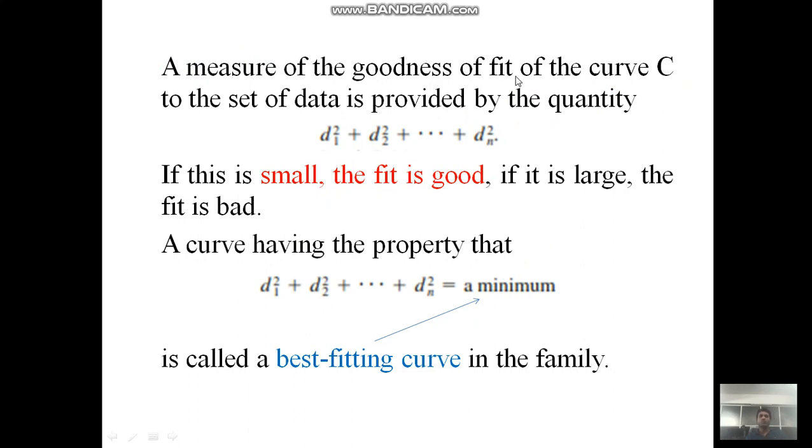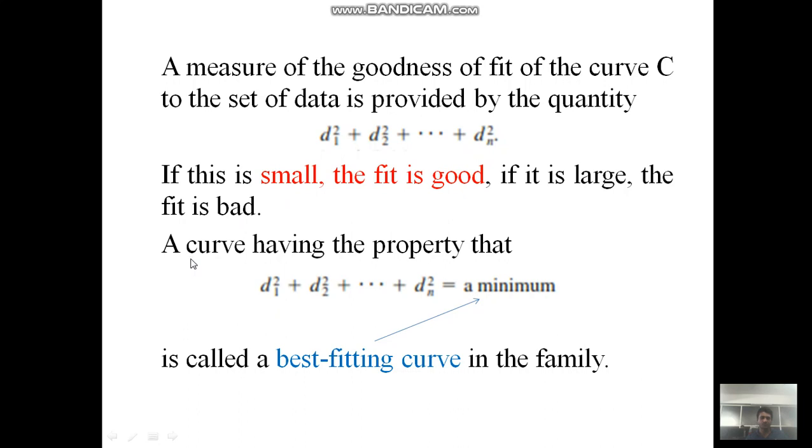So the goodness of fit of the curve C to the set of data is provided by this quantity, d1 square plus d2 square and so on up to dn square. We know that if the error is small, then it is good, and if the error is large, then it is bad for us. Similarly, if this quantity is small the fit is good, and if the value of the sum of di square is large, then it is bad.